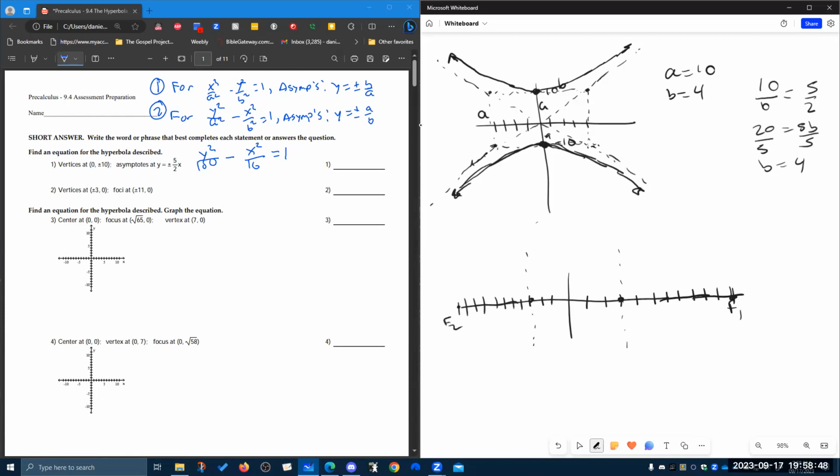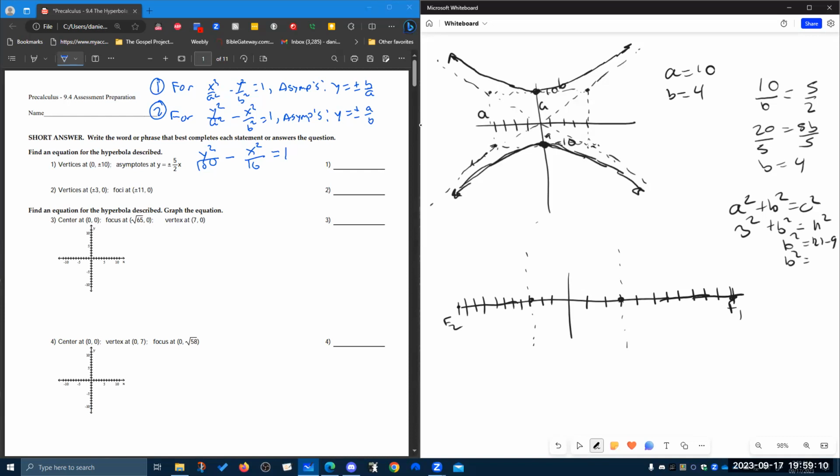And what you need to know about foci is that in a hyperbola, it follows the Pythagorean theorem that a squared plus b squared equals c squared. So I have my a is 3. So 3 squared plus b squared is equal to 11 squared. So b squared is equal to 121 minus 9.